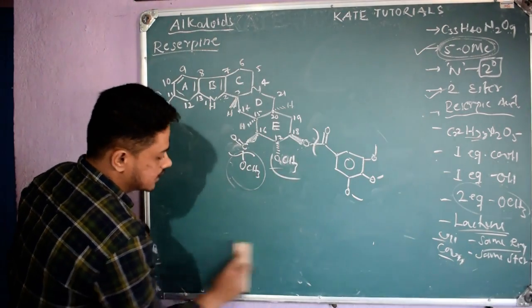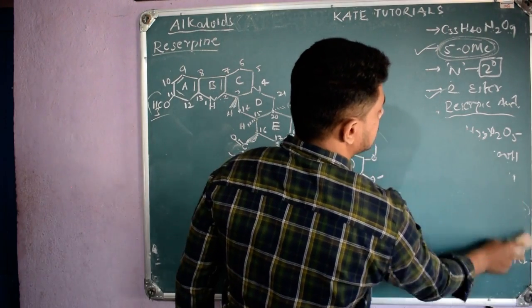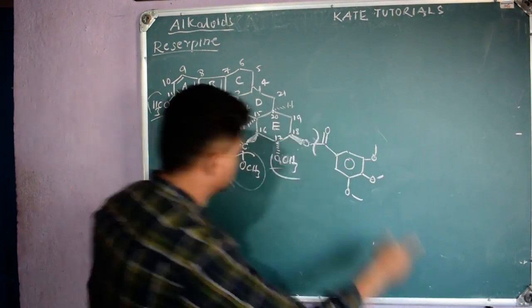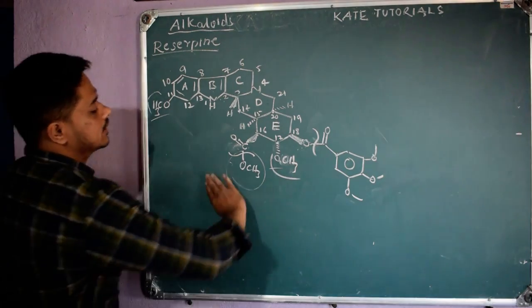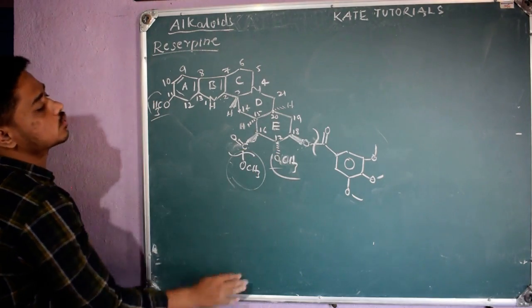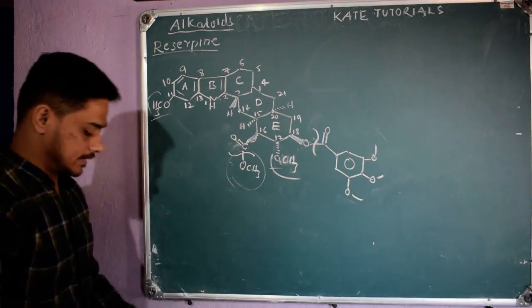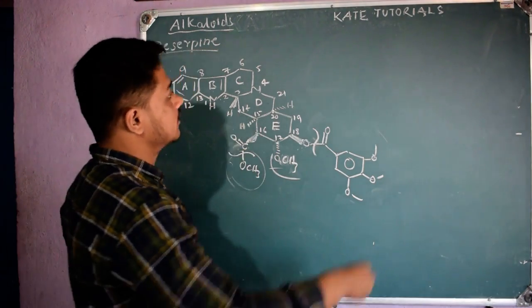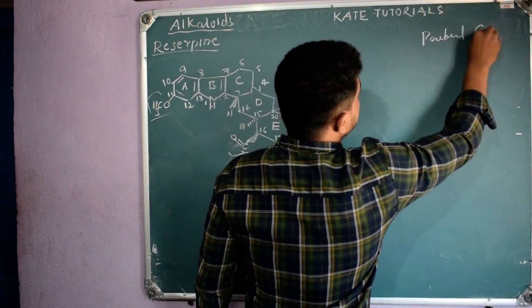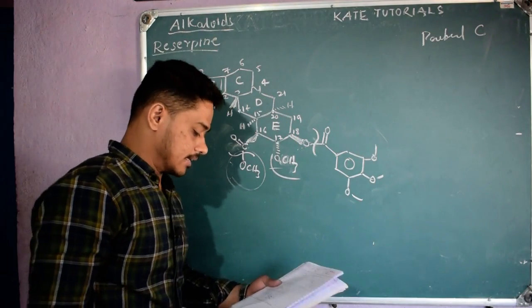So if you see the partial stereochemistry of this Reserpine, this is the structure of Reserpine. Reserpic acid means just here you add COOH, just here you add OH, and remove these both groups. You will get the structure of Reserpic acid. So the partial conformation of this Reserpine, I will write it. Let me write.